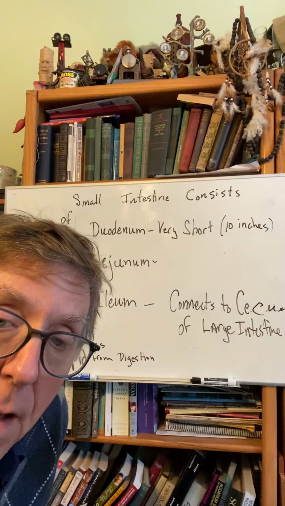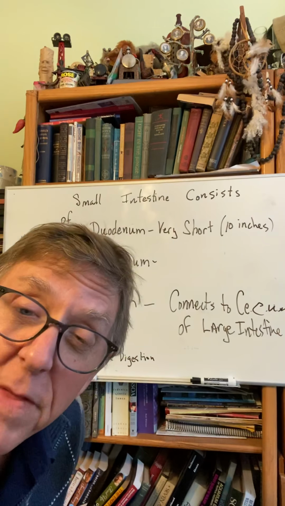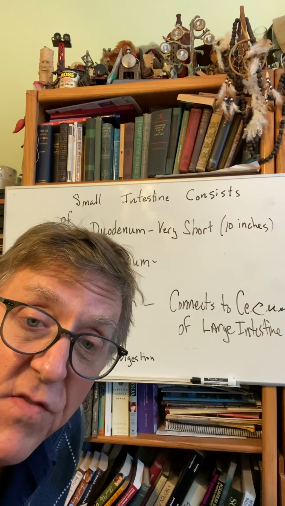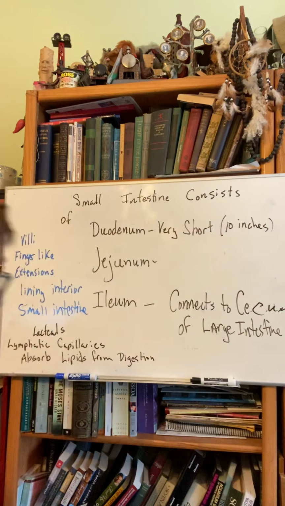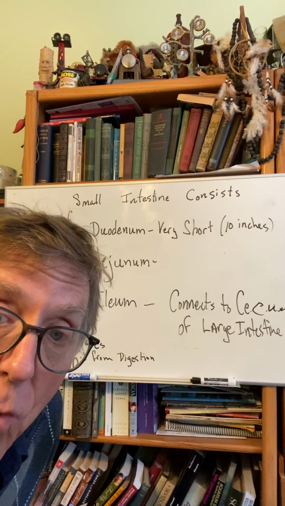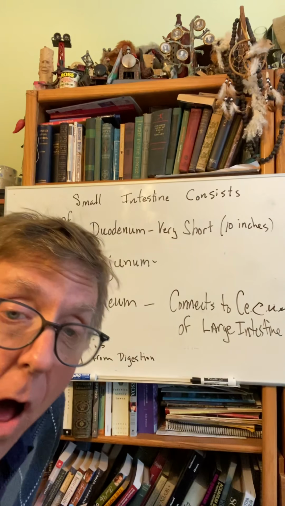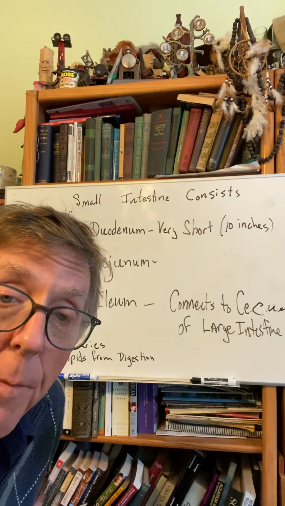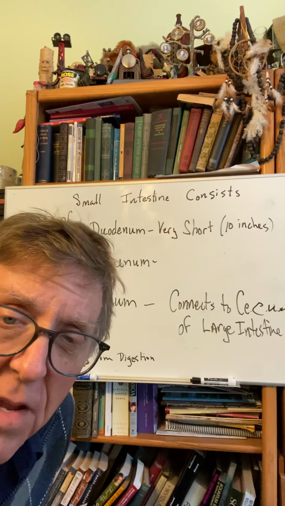Inside of them are capillaries from the lymphatic system, things that are called lacteals. Lacteals are lymphatic capillaries, and their role is going to be absorption of non-water soluble digestive products.